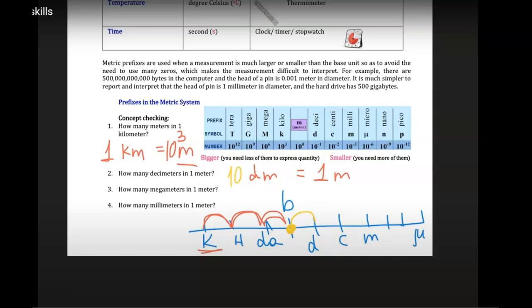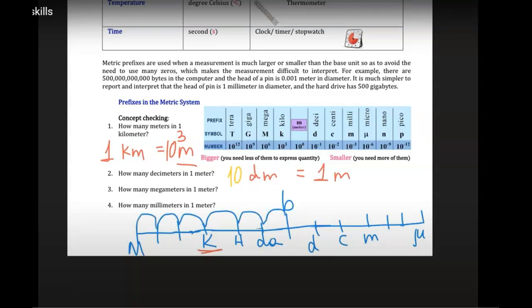The next one is, how many megameters in 1 meter? I need you to pay attention here. Mega is actually going to be 1 million times greater than the base, while kilo is 1,000 times greater than the base. So 10, 100, 1,000, 10,000, 100,000, 1 million.